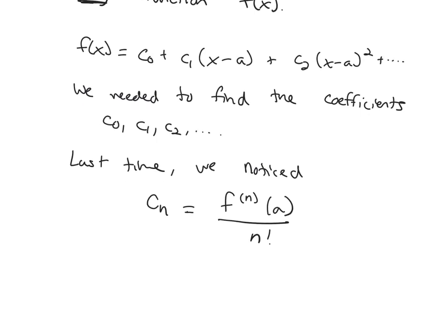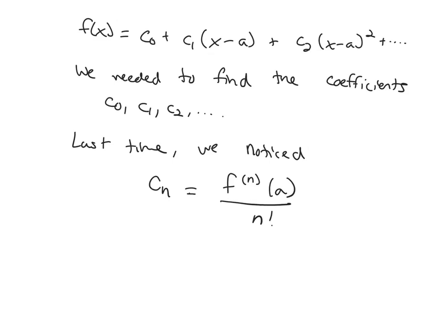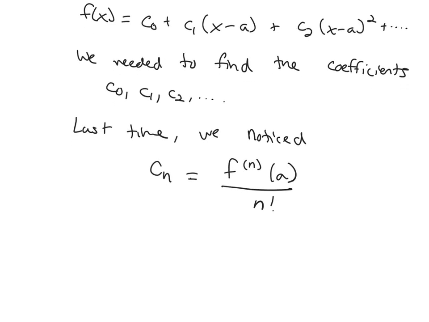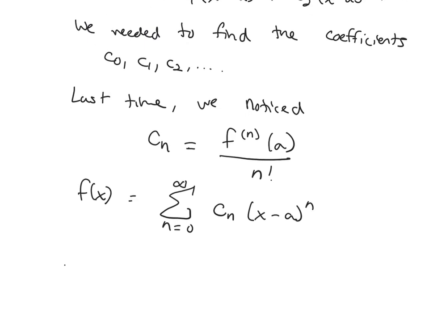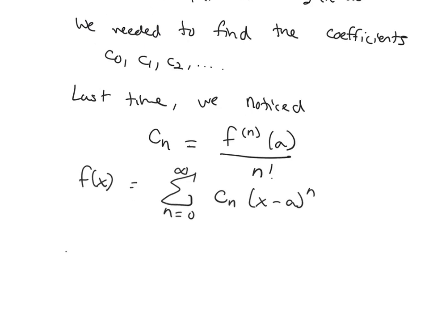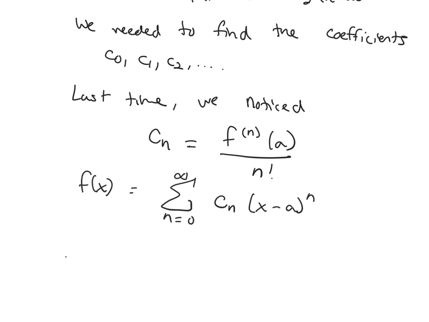So what I can do now is I have a general formula for my power series representation. Our power series representation is the sum of Cn times (x minus a) to the n, because I'm centered at a. And now I'm going to plug in my formula for my coefficients.